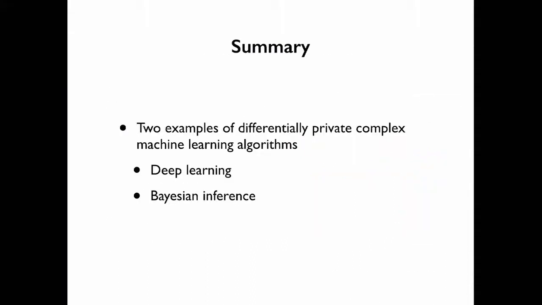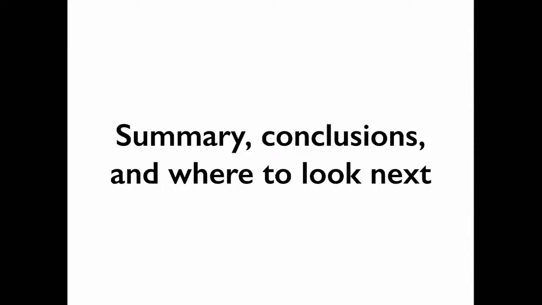So, in summary, we have talked about two specific examples of differentially private complex machine learning algorithms, where the ideas that we talked about earlier in the tutorial come together to give you these complex machine learning pipelines. These two are deep learning and Bayesian inference.